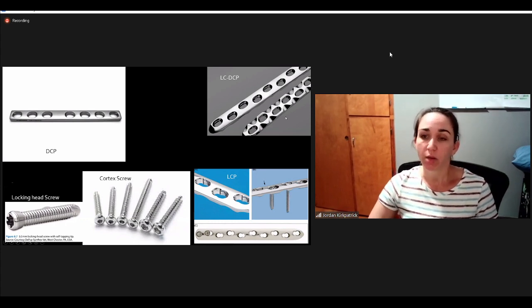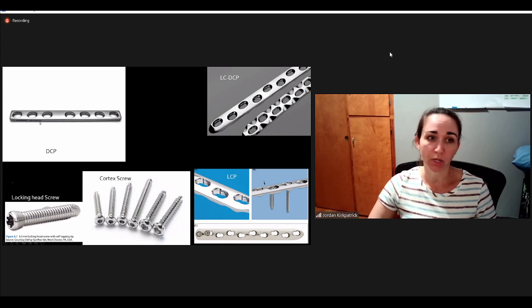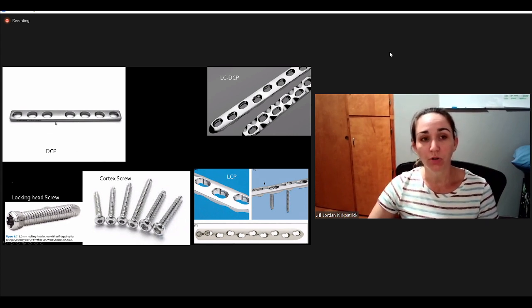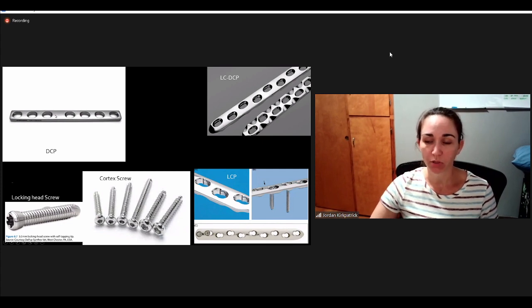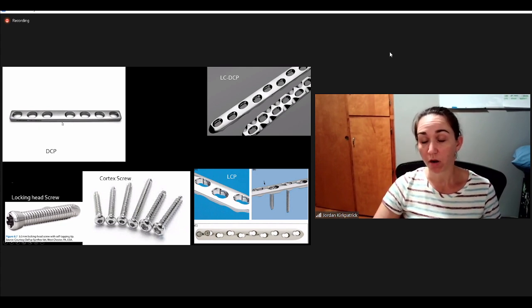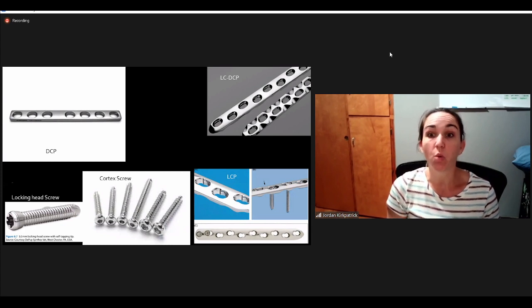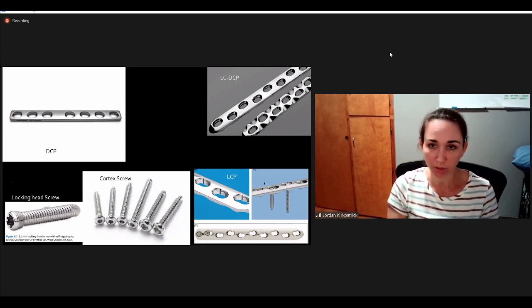And this was developed actually for people because when they were using just a DCP plate, people produced a lot of excess bone that was growing over the plate, which made them hard to remove and had issues with the bone-plate contact. But for our animals, the large animals, we actually want that contact because that makes the plate and bone kind of a singular unit to make it as strong as possible.